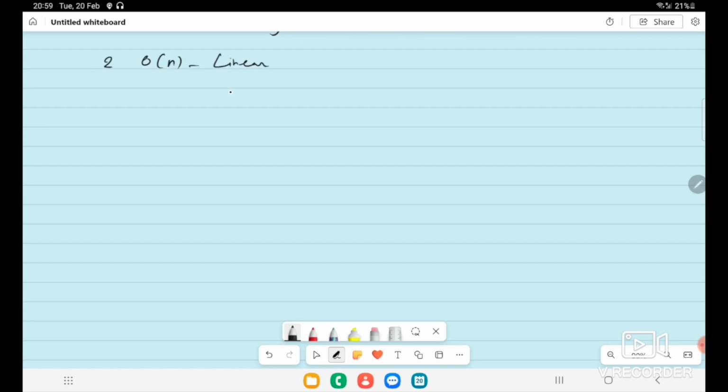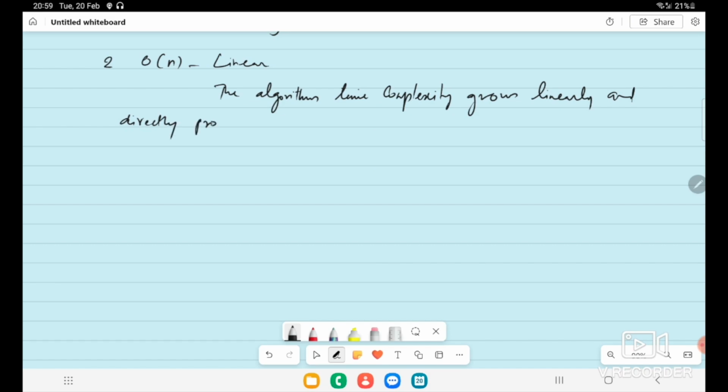In linear time complexity, the algorithm's time complexity grows linearly and directly proportional to the size of input data.